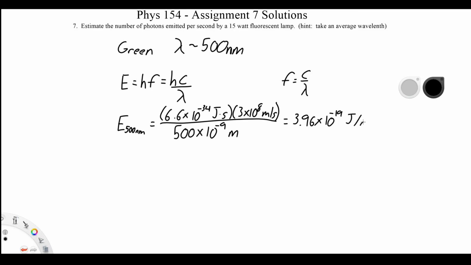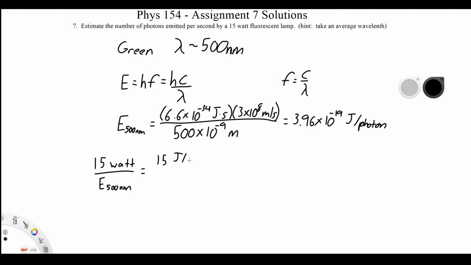And like I said, this is per photon, which I'm tacking on. It, of course, does not come out of this equation necessarily, but we know that that is the energy per photon. Okay, and so if we have a fluorescent lamp that outputs 15 watts, if we divide that by the energy of a single photon, we'll end up getting the number of photons per second, because watts, of course, are just joules per second.